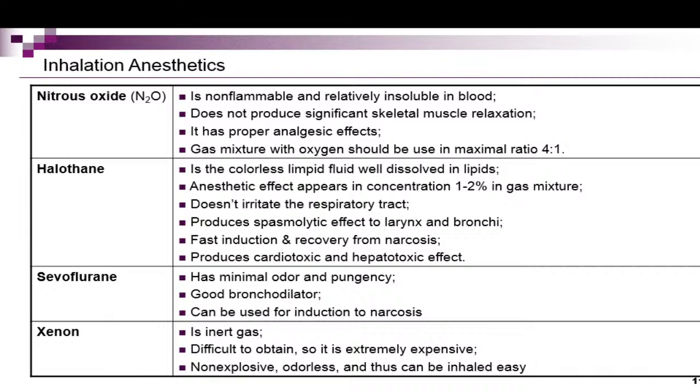The gas doesn't irritate the respiratory tract, does not cause bronchospasm, produces a spasmolytic effect on the larynx and bronchi, causes dilation of the tracheobronchial tree, and has very fast induction and recovery from narcosis, but has side effects. It produces cardiotoxic and hepatotoxic effects, toxic for the heart and liver.